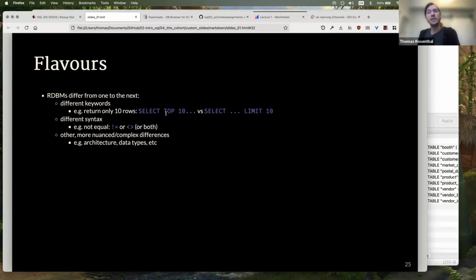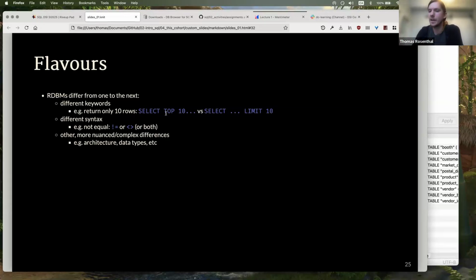You can see how this can be a minor difference here. It will mean that the RDBMS doesn't return the results. It will error on you if you're programming in the wrong flavor. But the good news is, especially with the internet now, you can easily search, like, I want the top 10 rows and I'm in SQLite, and it will point you to LIMIT. So you'll be okay.